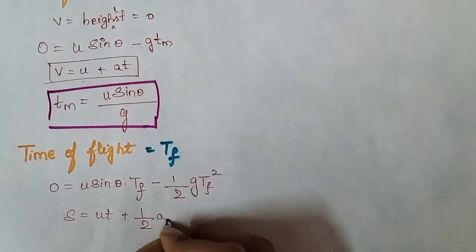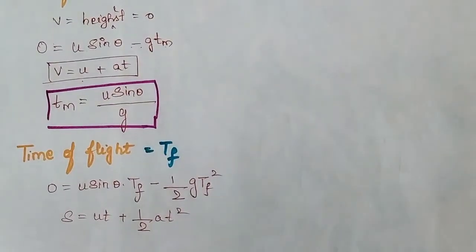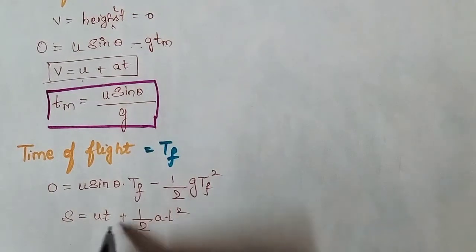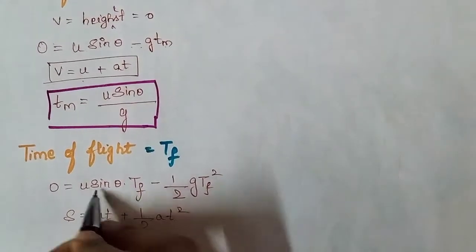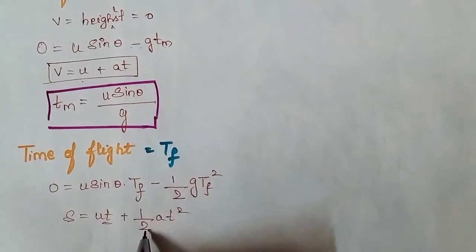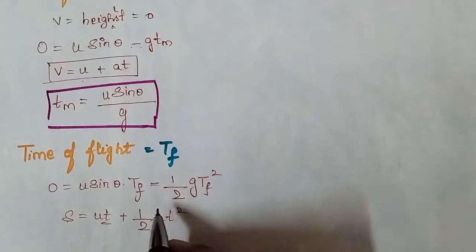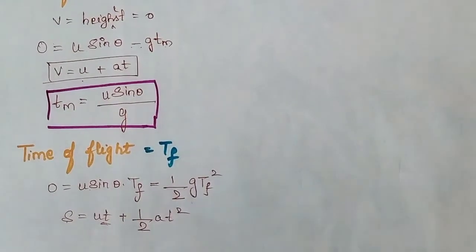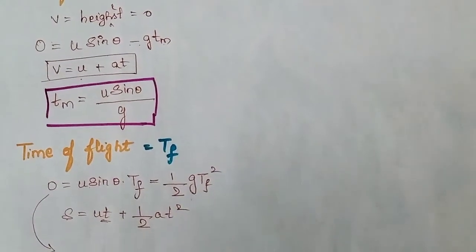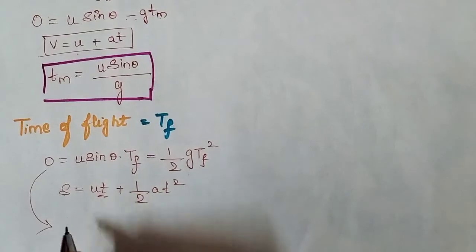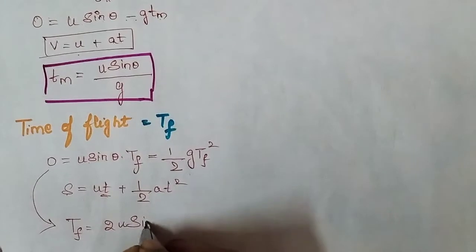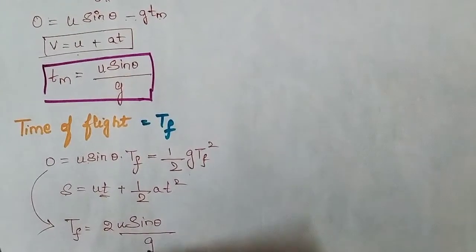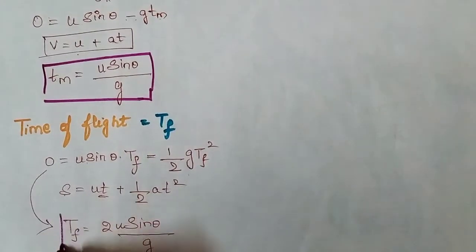It is the displacement relation equation of the laws of motion: s equals ut, u sin theta times the time of flight Tf, minus half g Tf squared, minus because it is against gravity. Then if we alter this equation, we get the final equation Tf to be 2u sin theta by g. How do you get this?